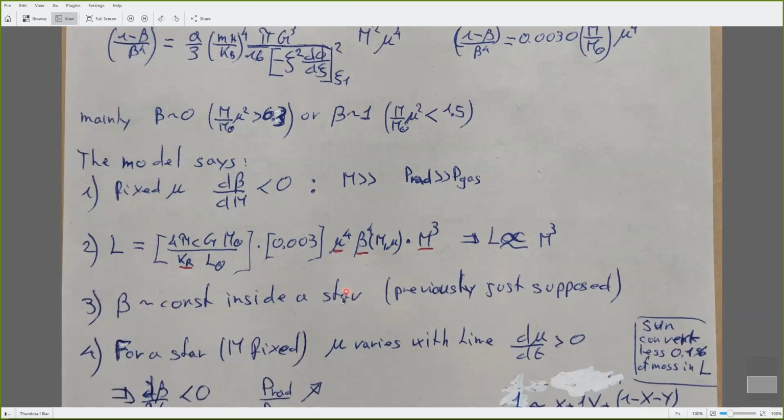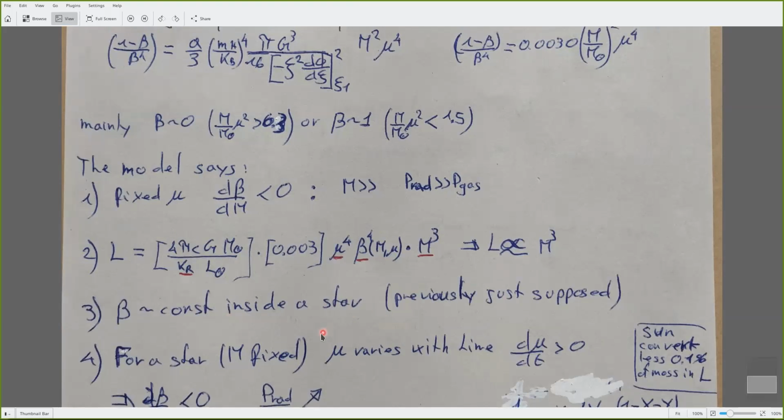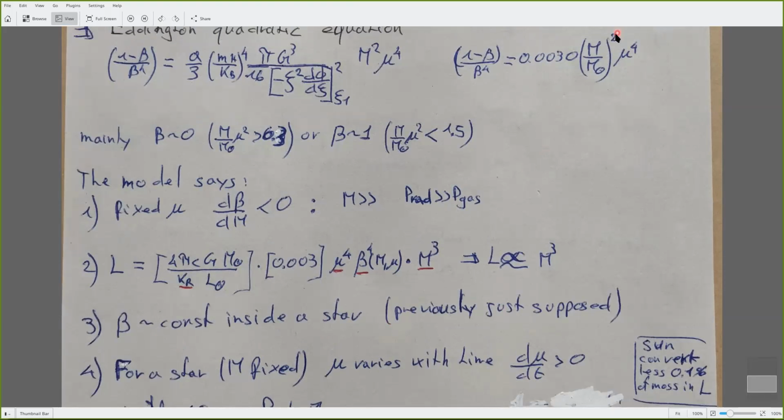Other things: inside the stars, we can assume that the mass is fixed and the composition more or less is fixed. So we can suppose that beta is more or less constant inside the star. It is something we just supposed and not really understood.